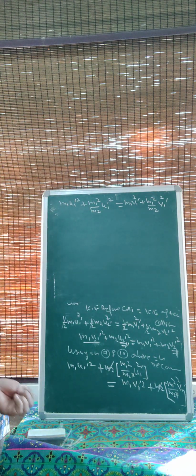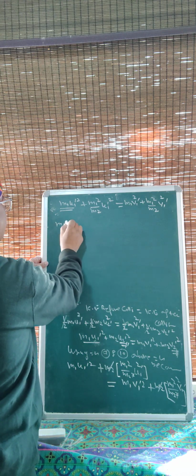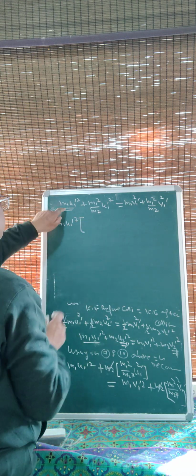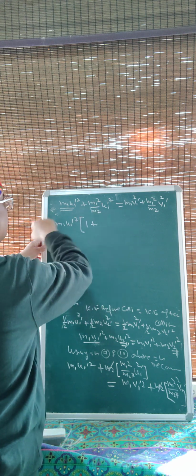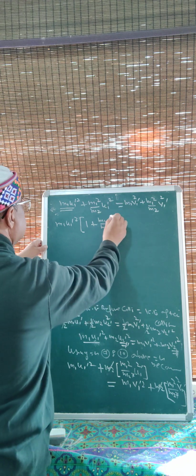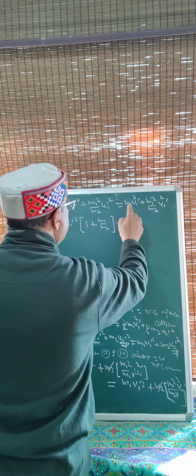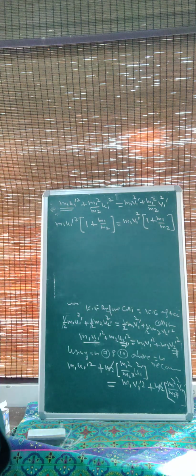Now you see what is common in both of these. m1 u1 dash square is here and m1 v1 dash square is here. So we take m1 u1 dash square outside. First is 1 plus, m1 goes outside, inside we have m1 upon m2, and u1 dash square is outside. Similarly from here, m1 v1 dash square outside, first term is 1 plus m1 over m2.